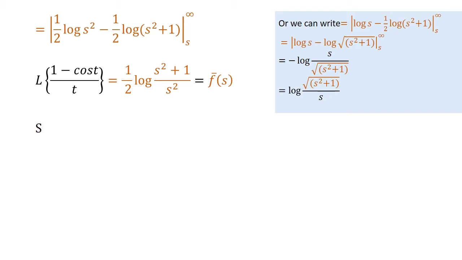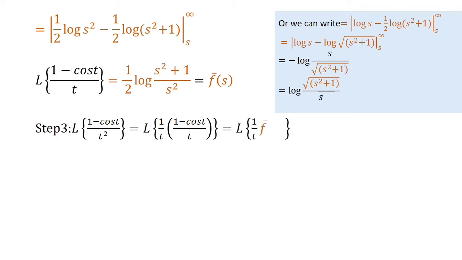Till now we have the Laplace of (1 minus cos t) upon t. In the third step, we will apply the same property of division by t to get (1 minus cos t) upon t square. So the Laplace transform of (1 minus cos t) upon t square can be written in this form, and we replace the value of this expression, and this is f dash s.